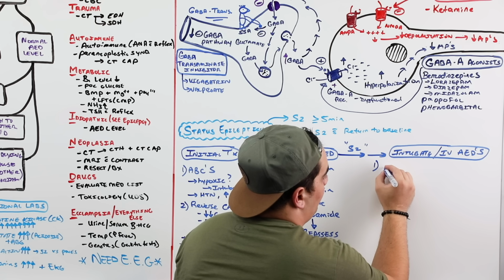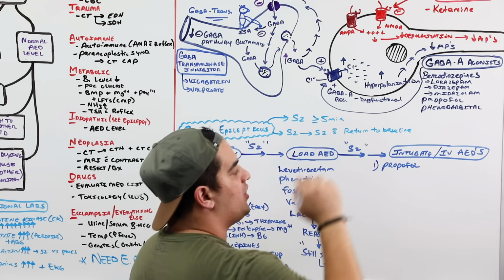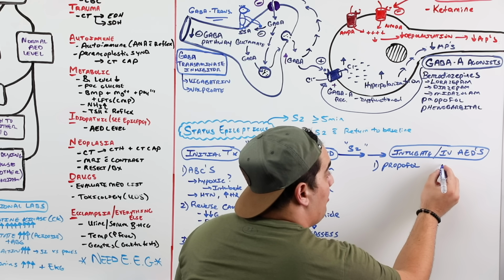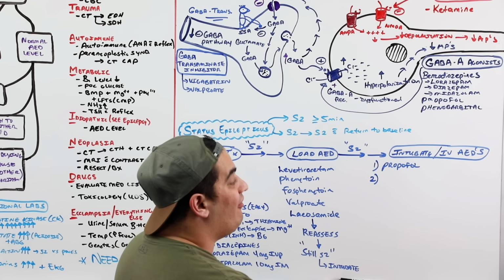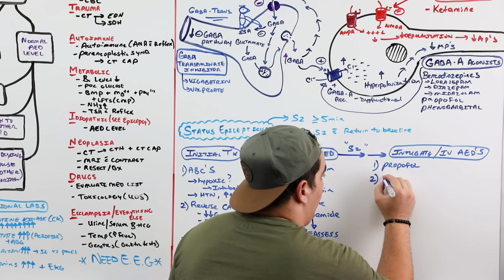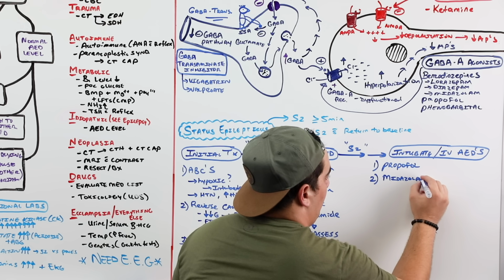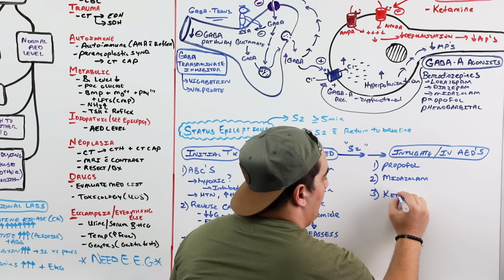These include a couple. The first one is going to be propofol. Propofol is a very important one. This one is going to try to shut down that GABA A activity. The next one that you could give is IV midazolam. Another option includes ketamine.